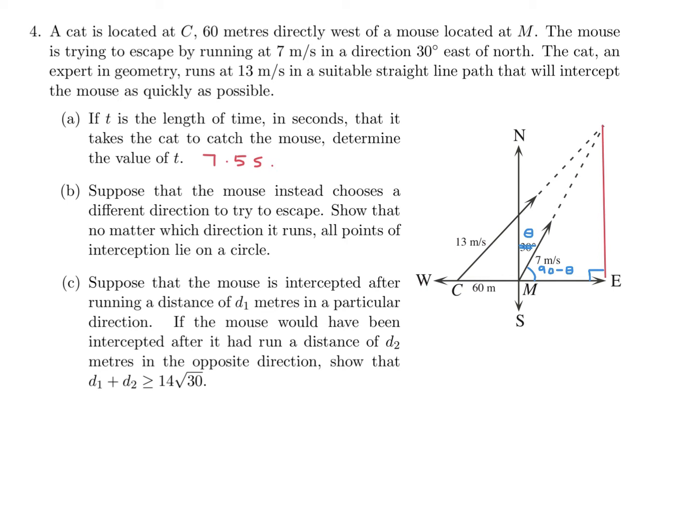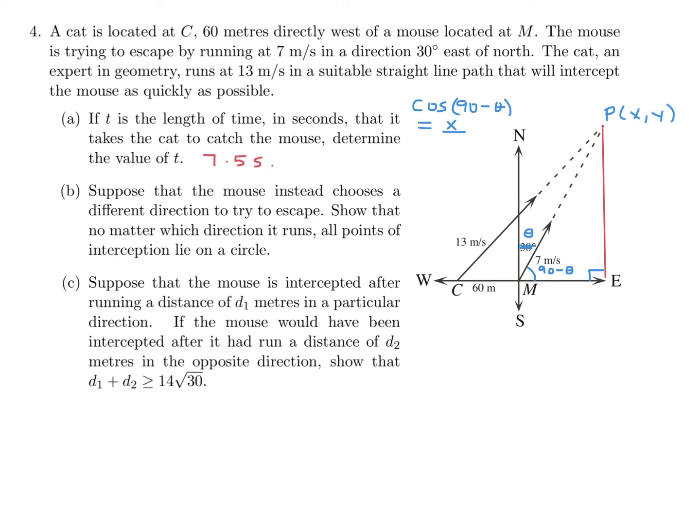This is the point where the mouse and the cat meet, the point where the cat catches the mouse. So it obviously is going to have some coordinates x, y. Based on trigonometry, if you look at just this triangle, the cos of 90 minus theta will be equal to x over the hypotenuse.